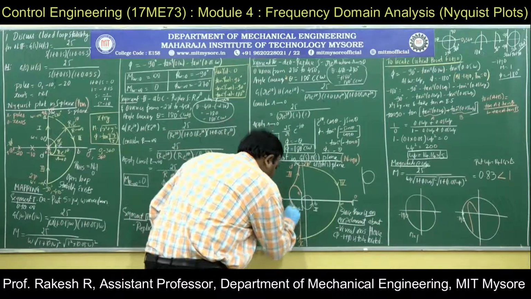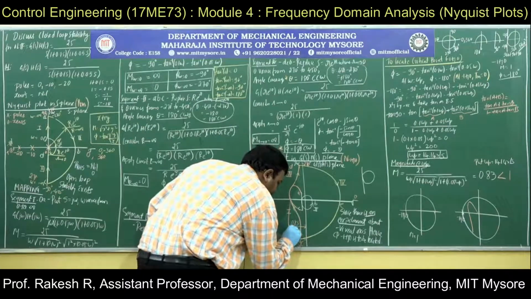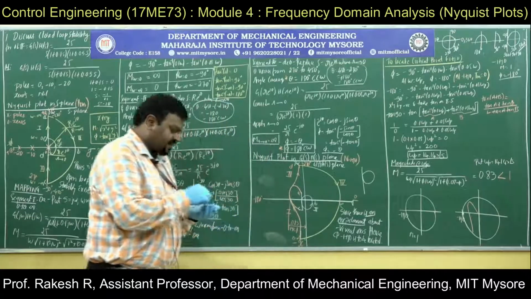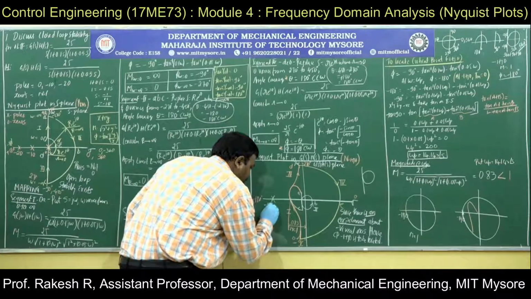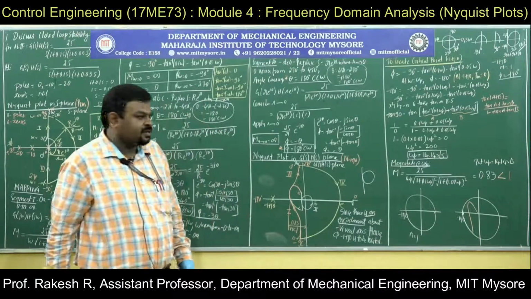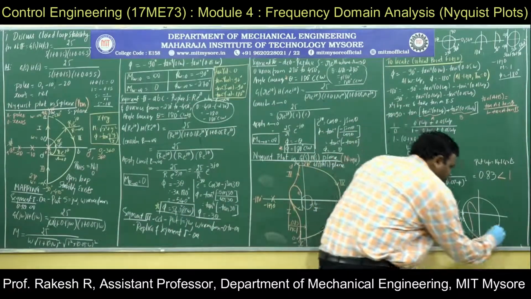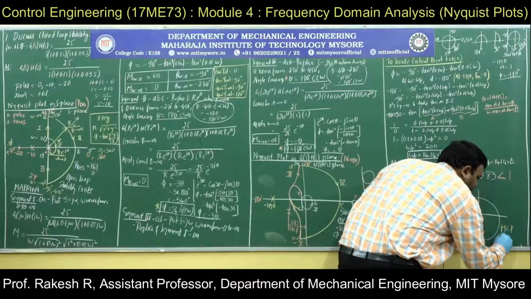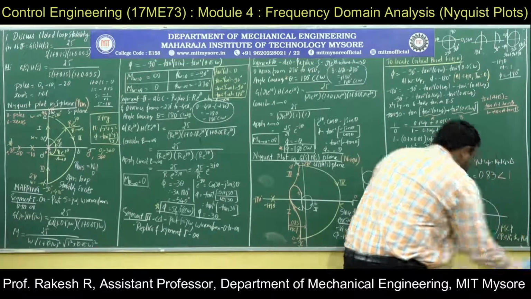So for this I will write like this. This plot has 0.83, magnitude less than 1, because of which the critical point will be here, after the plot. Got it? See here, this is an M less than 1 plot, critical point after the plot. What about here?